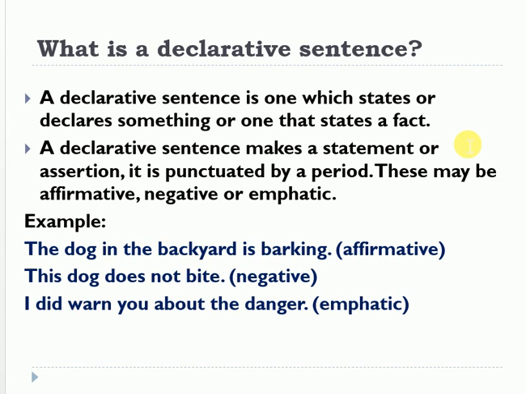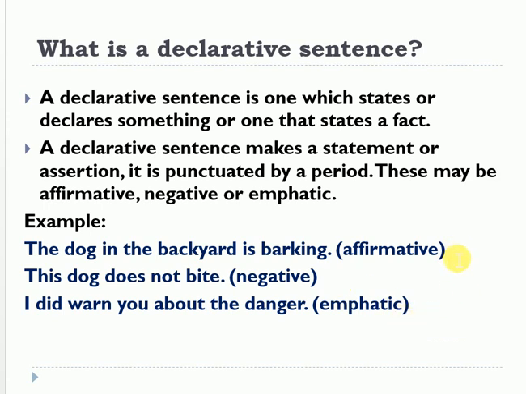For example, the dog in the backyard is barking. That is an affirmative sentence. The dog does not bite. Negative. I did warn you about the danger. Emphatic. So this declarative sentence is divided into three types: affirmative, negative, and emphatic.